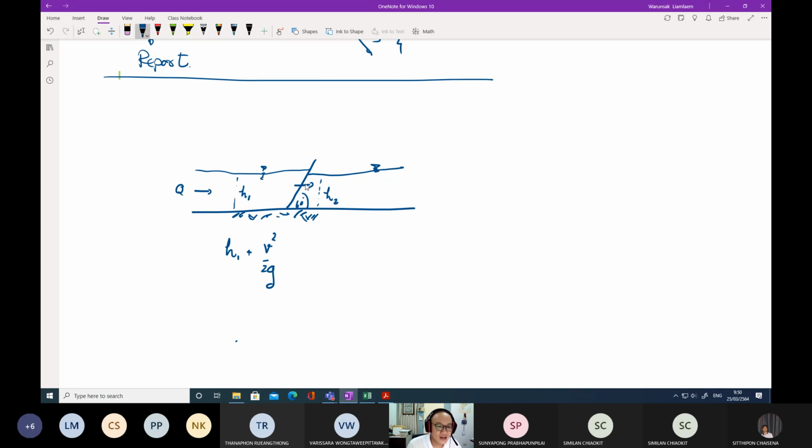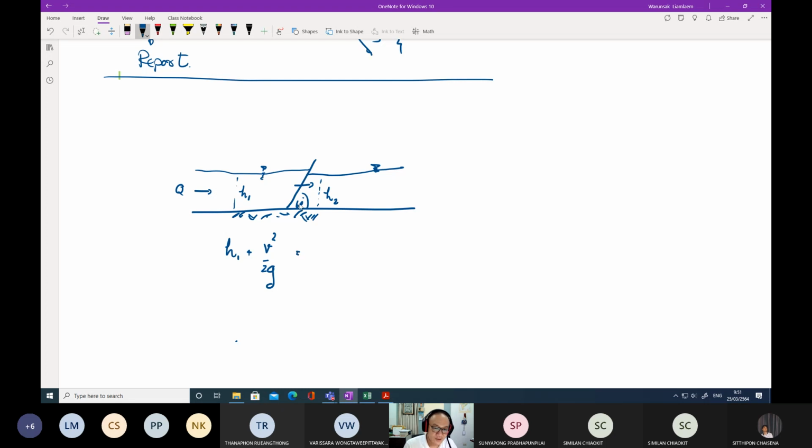As this screen is open to the atmosphere, the pressure before and after will be the same, atmospheric pressure, so we don't have to consider the pressures.